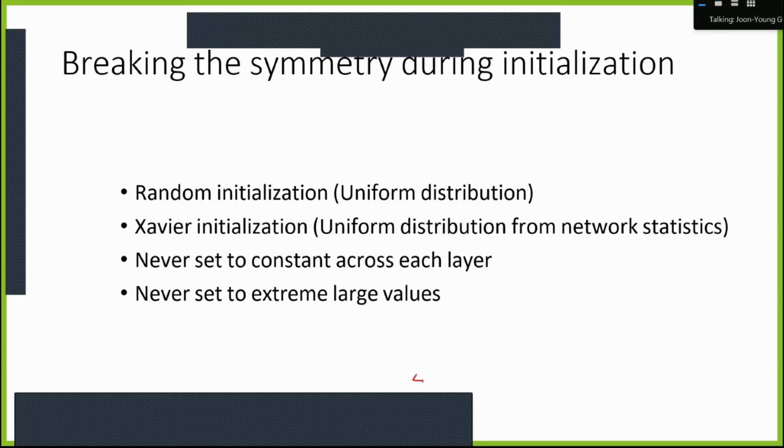We would end up having basically duplicates of workers doing the same thing, which is redundant. That is one of the reasons why we never set the weights as constants across each layer, so that we can give some variation in their starting point so that they can explore and learn different things.